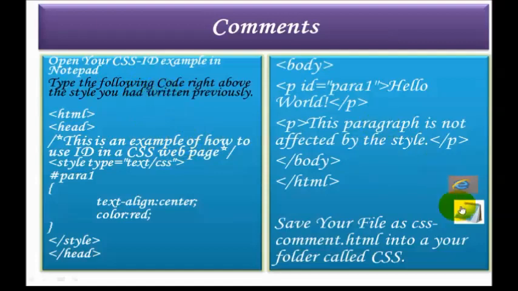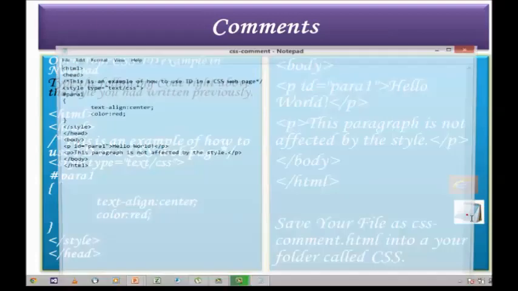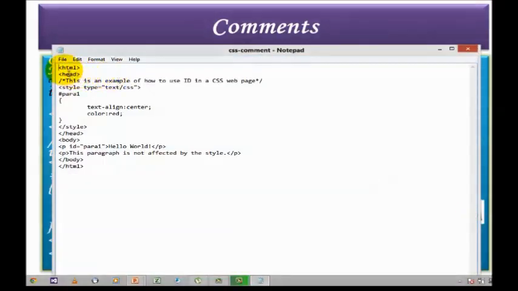Here is an example. HTML head. Here is the comment: this is an example of how to use an ID in a CSS web page. This line will be ignored by the web browser, and I'm going to write the style by using a style tag, style type equal to text/css. What is this? It's an ID, para1: text align center, color red.